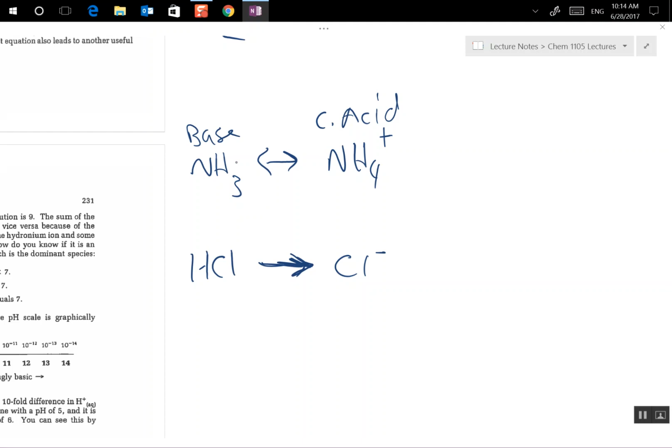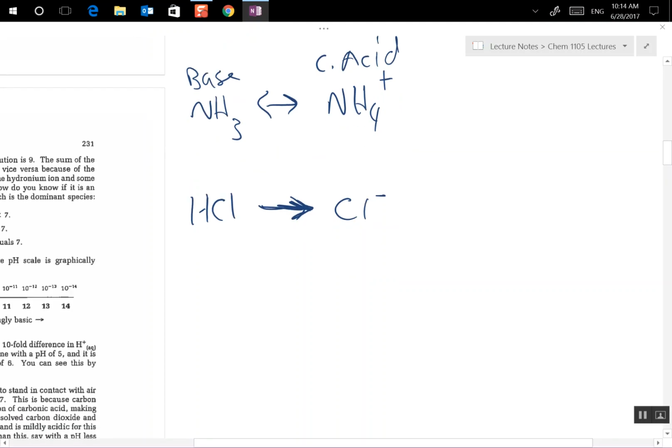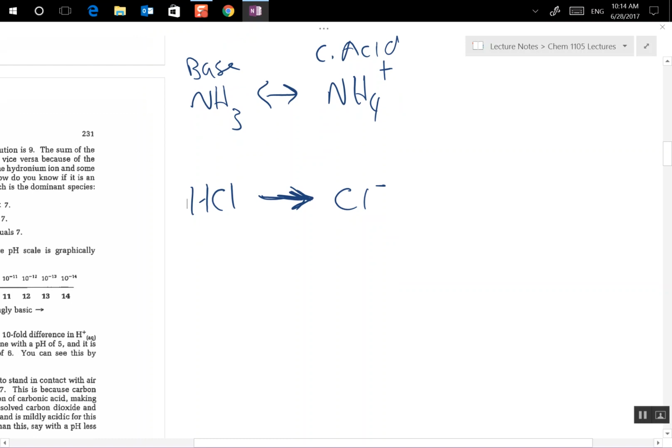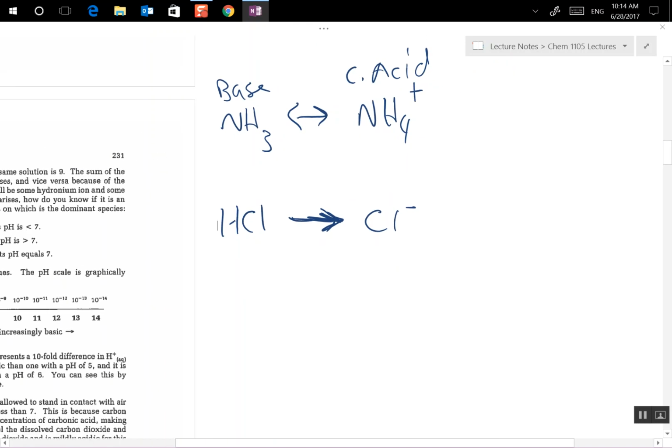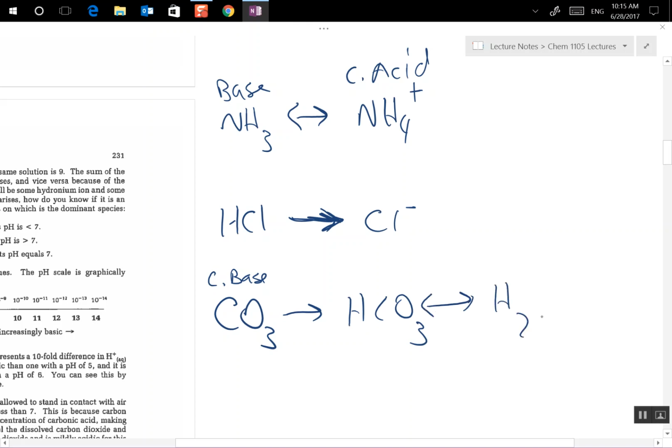Okay? So we have NH4, which is the acid. We have NH3, which is a base. Okay? Other things like carbonate, CO3, it's a conjugate base in that it can become HCO3, which can then further become H2CO3. Okay?